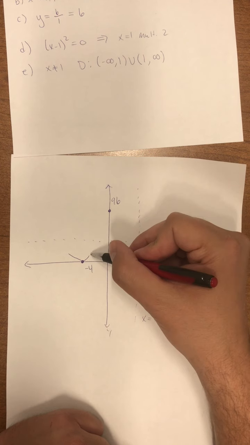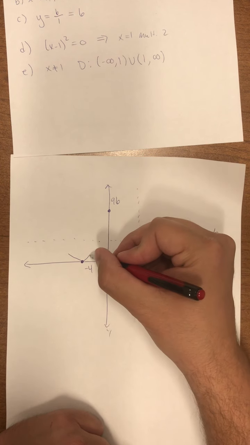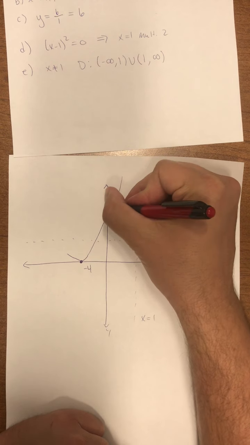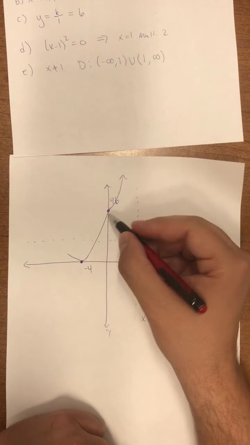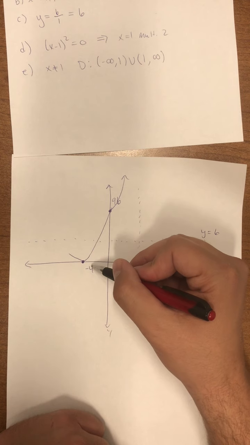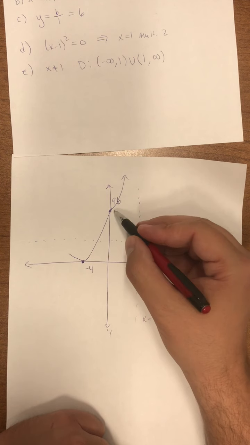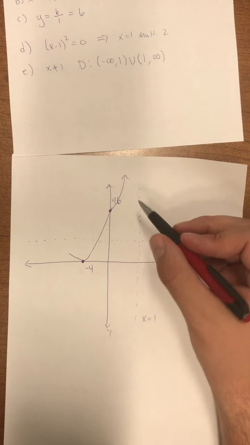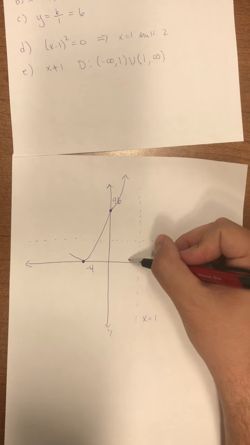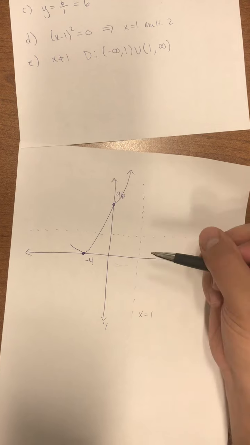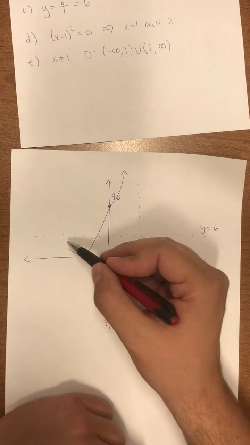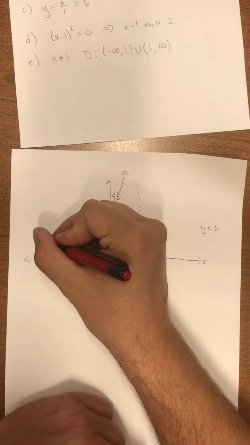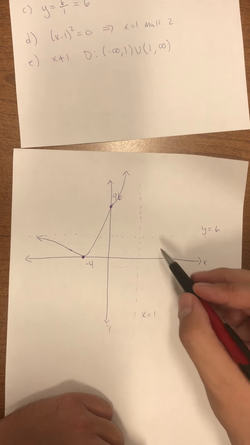The next important piece of information is that it goes to a y-intercept at 96. So we know that this graph has to go from -4, 0 on the x to 0, 96 on the y. It can't turn around and go back here because there's no x-intercept. Now, as x approaches negative infinity, we know it's going to flatten out at y equals 6.